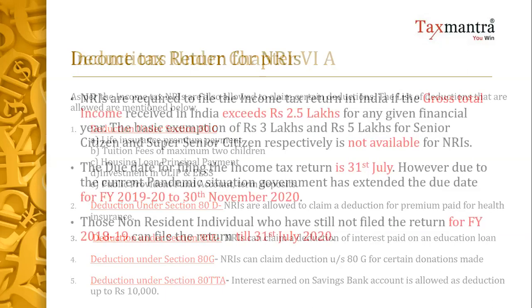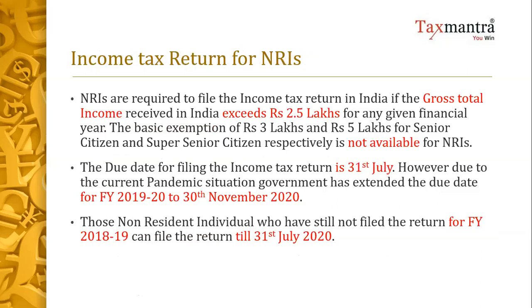Now we go to our next slide. NRIs are required to file income tax return in India if the gross total income exceeds rupees 2.5 lakh. Over here, I would like to make a point that most NRIs generally have some queries: I am a senior citizen, can I claim exemption of up to 3 lakh rupees, or my parent is a super senior citizen and he is also an NRI, can he or she claim the basic exemption limit of 5 lakh?